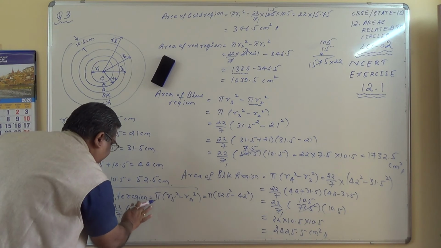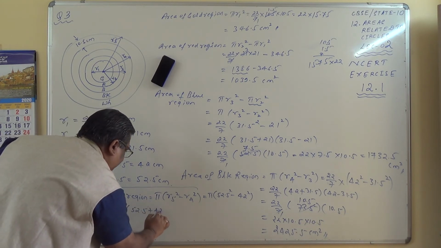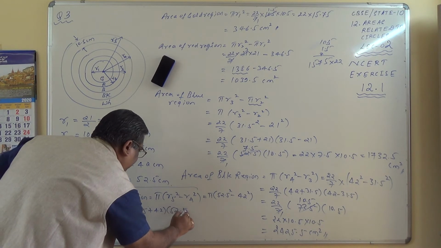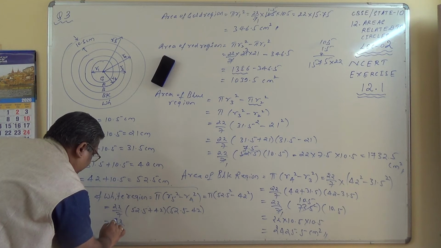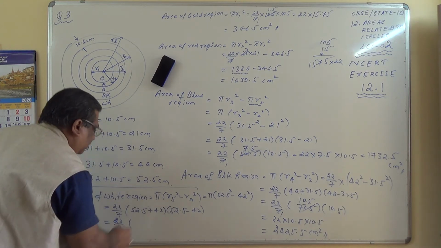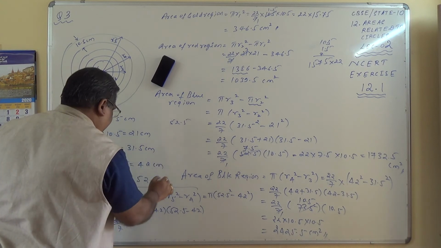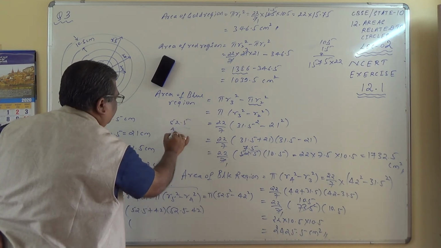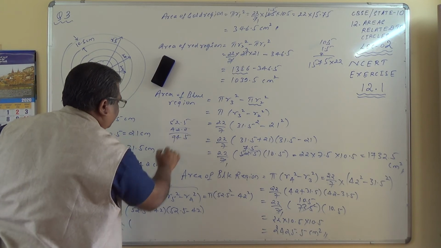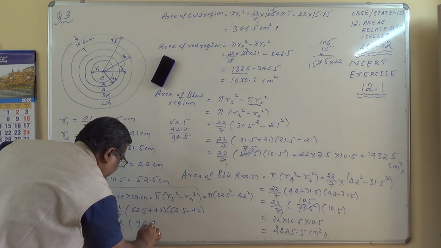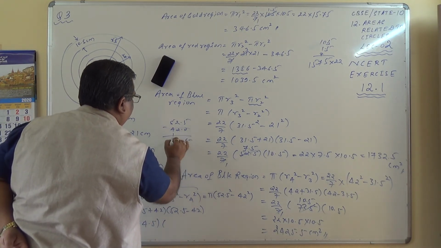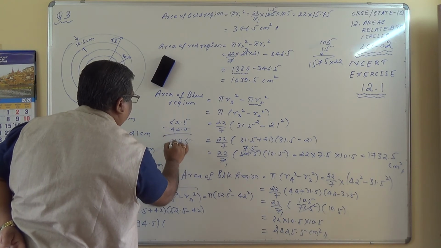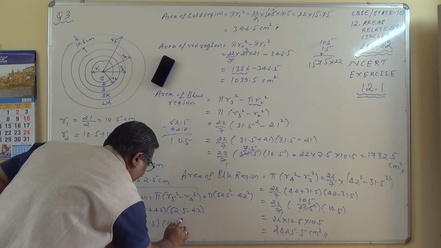So 52.5 plus 42 into 52.5 minus 42, which is equal to 22 by 7 into 52.5 plus 42, that is 94.5, into 52.5 minus 42, this will be 10.5.